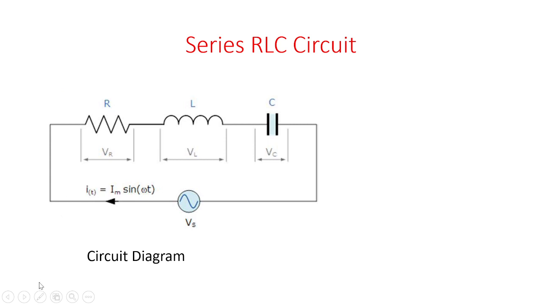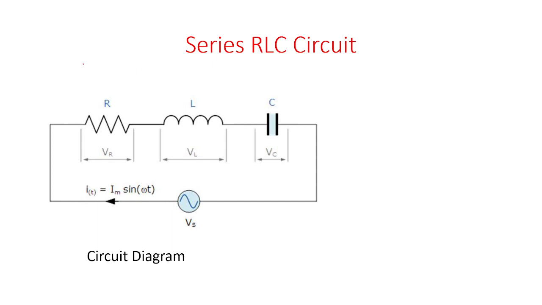This circuit is called a Series RLC circuit because it consists of a resistor, inductor, and capacitor all connected in series. Voltage across the resistor is VR, across the inductor is VL, across the capacitor is VC, and the supplied voltage is Vs. Current flowing from the supply is the current IT.